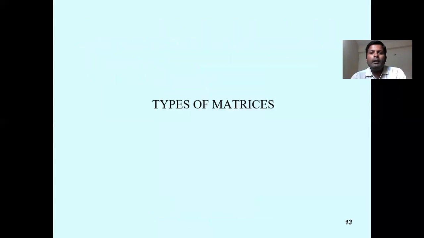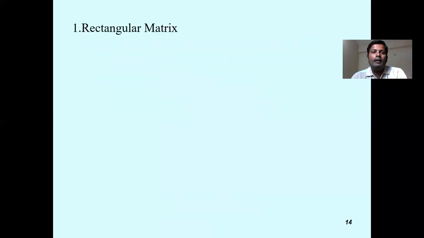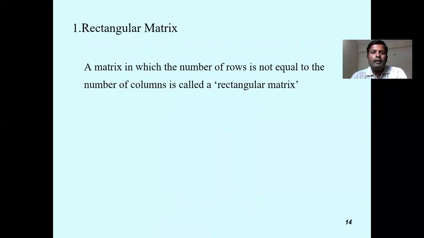Now we go to the types of matrices. The first type, rectangular matrix. A matrix in which the number of rows is not equal to the number of columns is called a rectangular matrix.